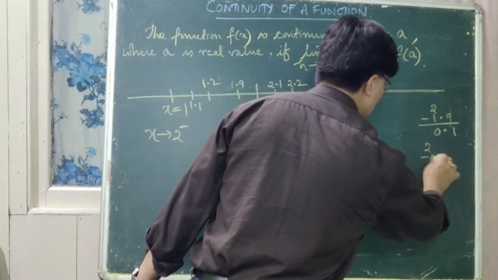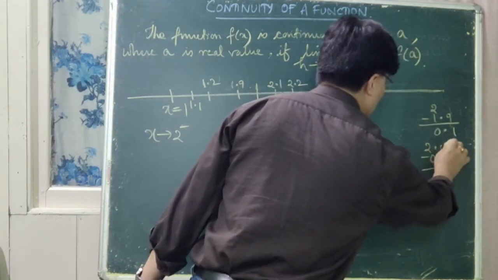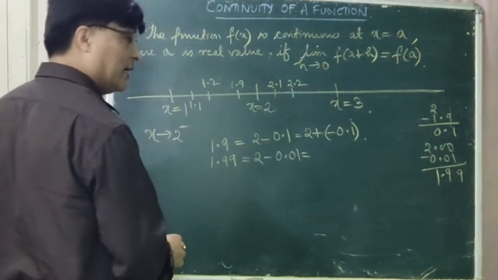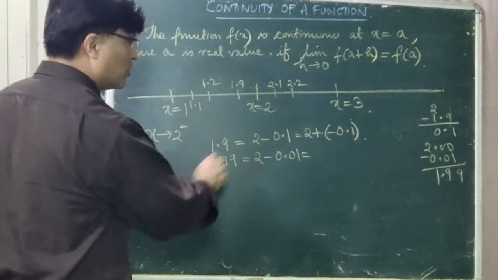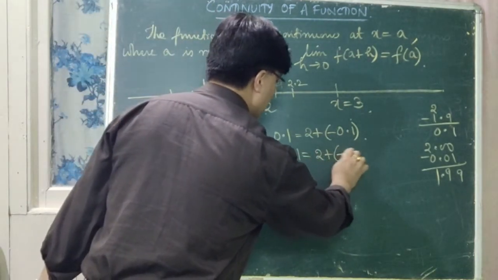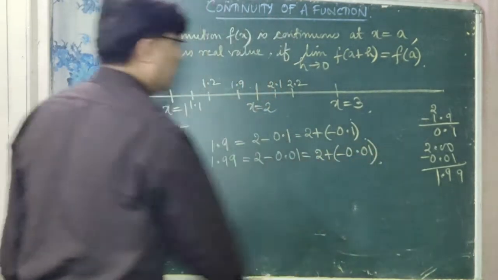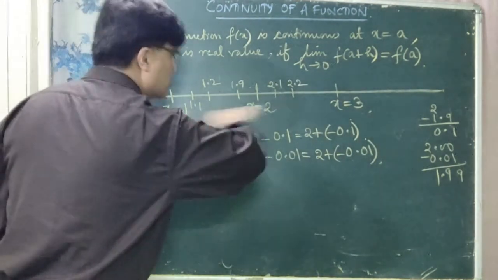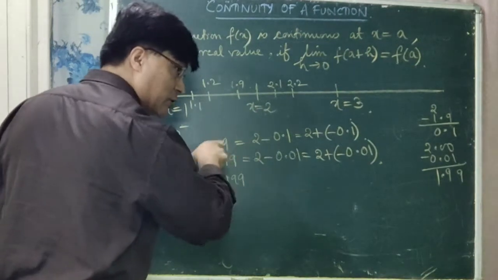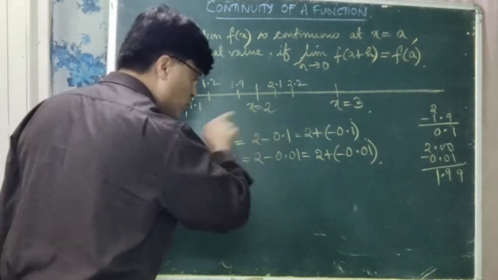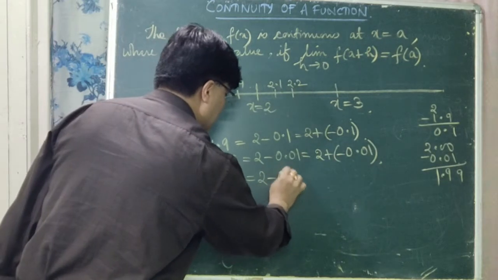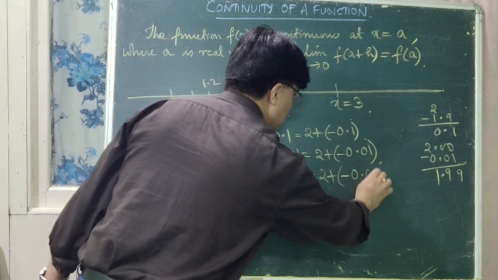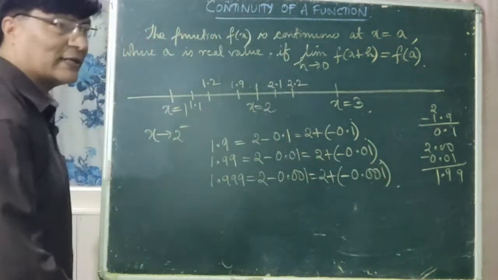So 1.99 means 2 minus 0.01, that is 2 plus within bracket minus 0.01. You may have 1.999. Again we are approaching towards 2. 1.999 means 2 minus 0.001, which is equal to 2 plus within bracket minus 0.001. Is that clear to all of you?